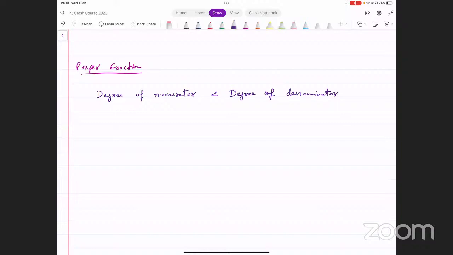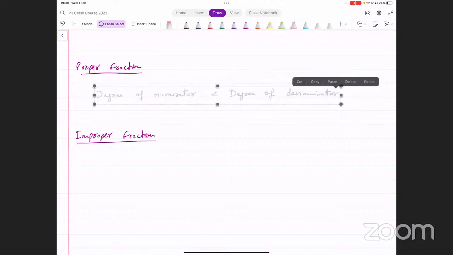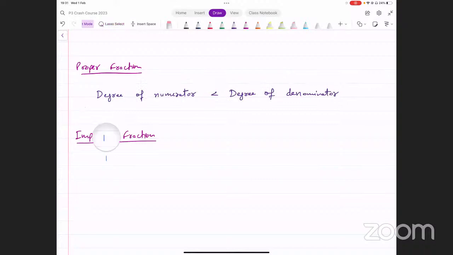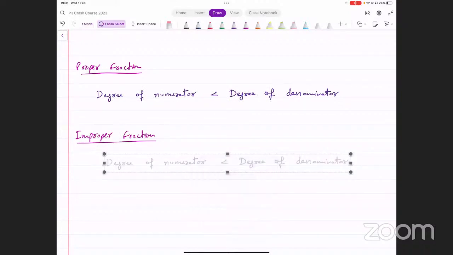This is the condition that we've got for proper fractions. What about improper fractions? Improper fractions would be fractions in which the degree of the numerator is going to be either equal to or greater than the degree of the denominator.